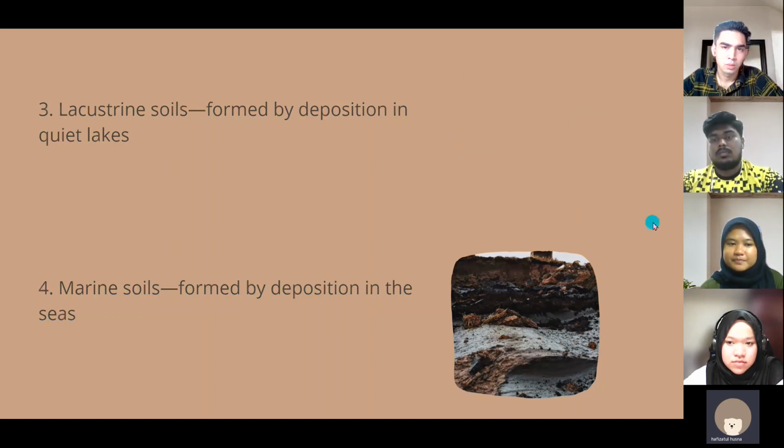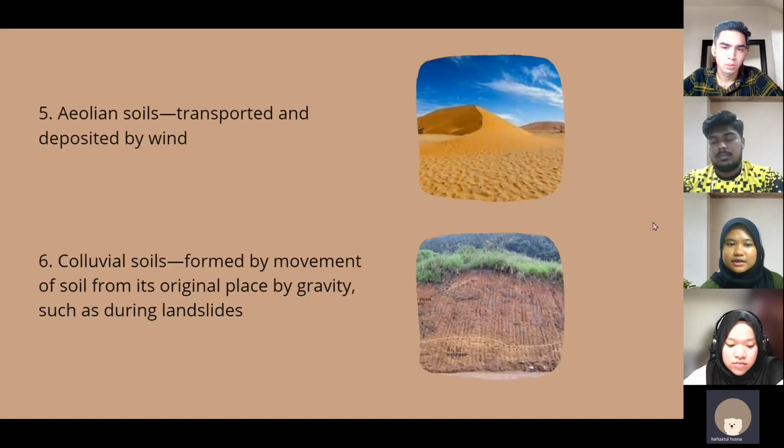And then aeolian soils, transported and deposited by wind. So boleh nampak dalam gambar ni tempat tu macam padang pasir, dia berangin, tiada pokok-pokok yang boleh halang angin tu. So banyak terjadinya transported soil iaitu yang dinamakan aeolian soils. And then the last one, colluvial soils.